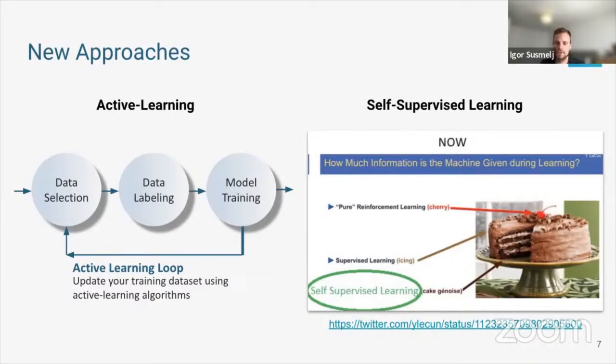So if you have ever trained an agent or a robot doing something, and the system has to do many actions, take many steps until there is a reward, the feedback signal is very, very slow. And the icing of the cake in this image refers to supervised learning, because the feedback signal is already more than just a cherry on top.